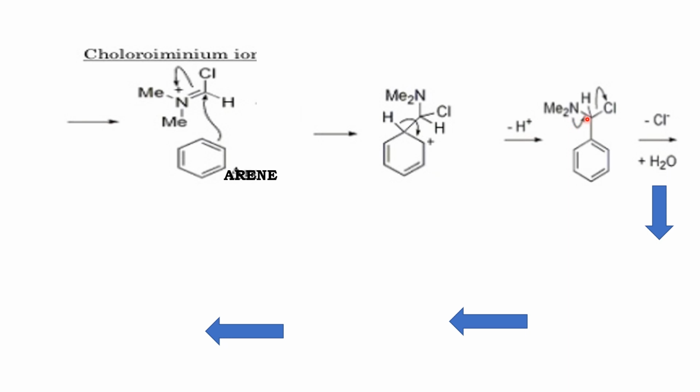When it gets shifted to the carbon-nitrogen bond, naturally this Cl minus will be eliminated out of the molecule. How? When the lone pair of electrons in the nitrogen shifts into the carbon-nitrogen bond, the Cl minus will be eliminated.